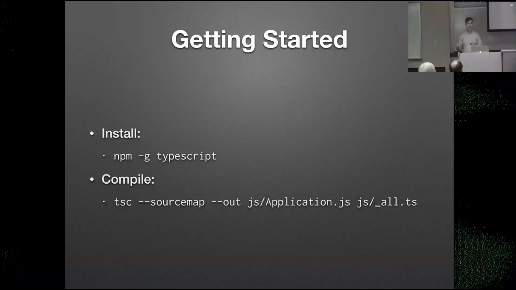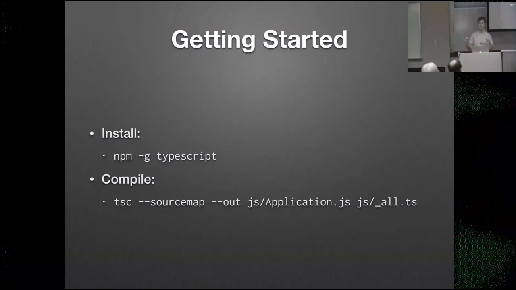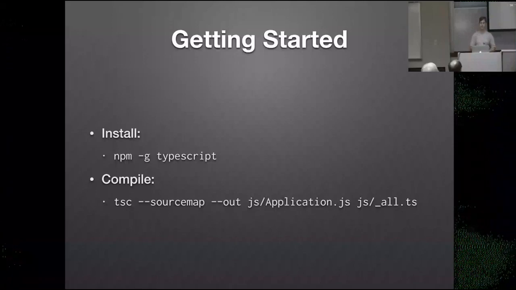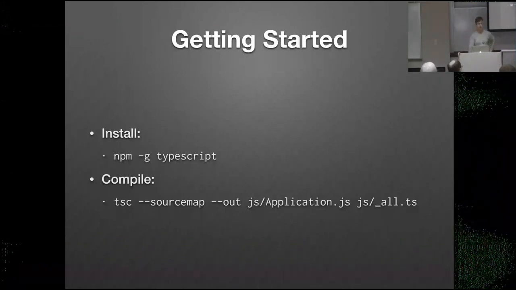And you can have a grunt or a gulp task to manage that all.ts file for you. So it'll just notice anytime you create a new TypeScript file or add a definition, and it'll build the file for you. So it kind of manages that. It's kind of like the class path if you've used Java before. I don't know what the equivalent would be on the .NET side.